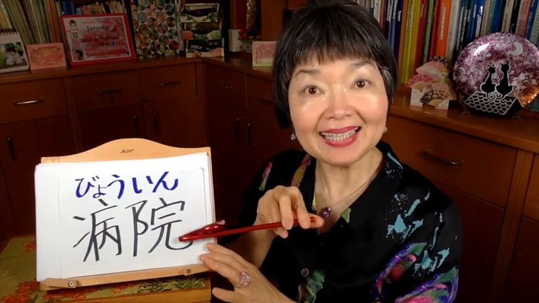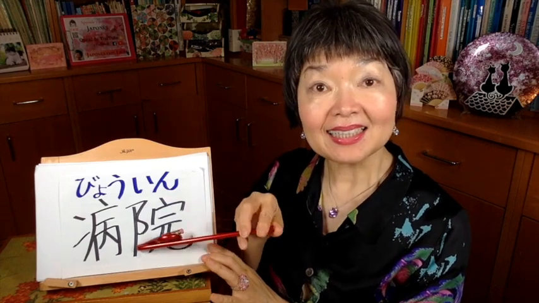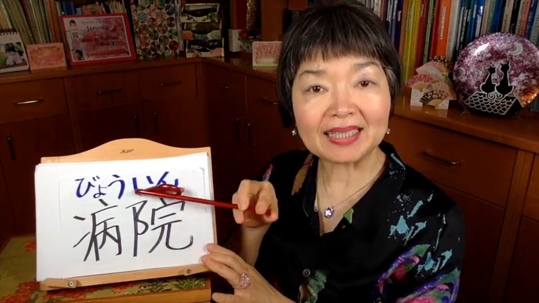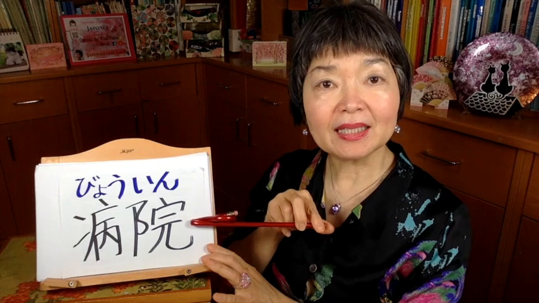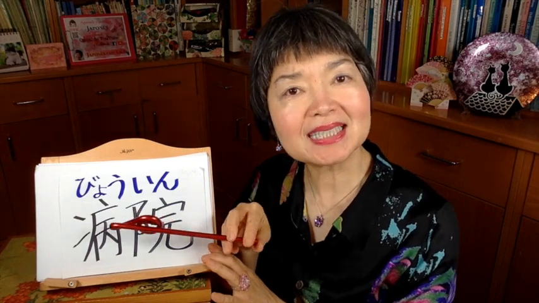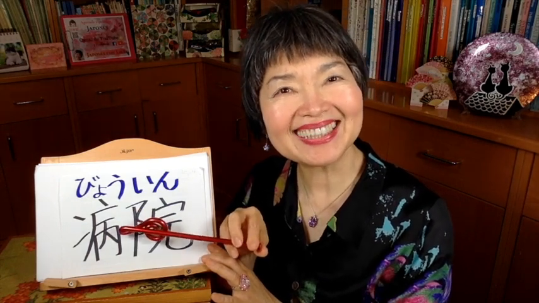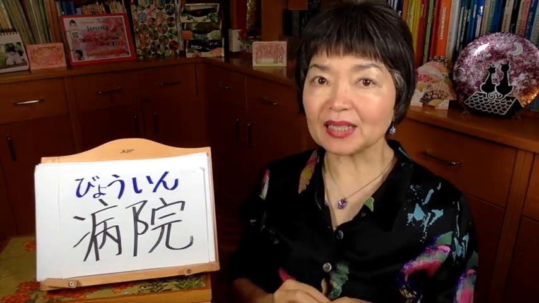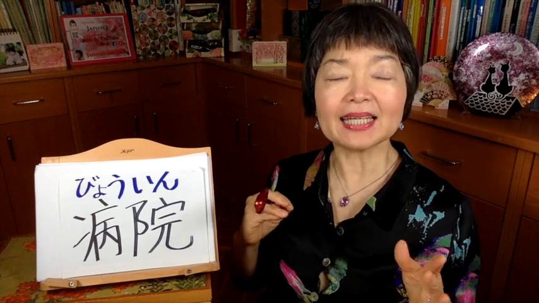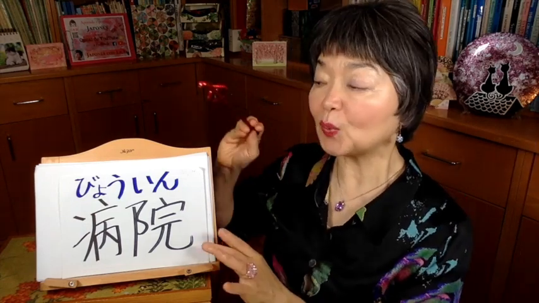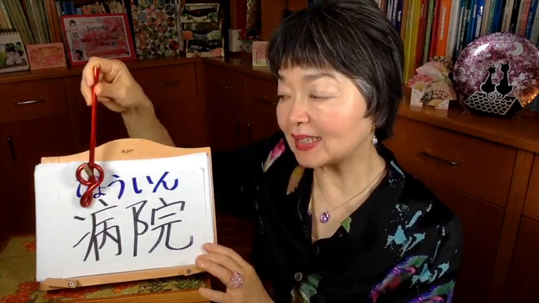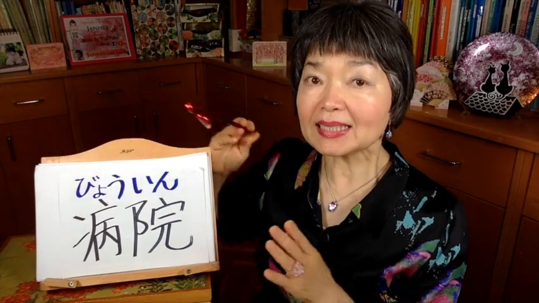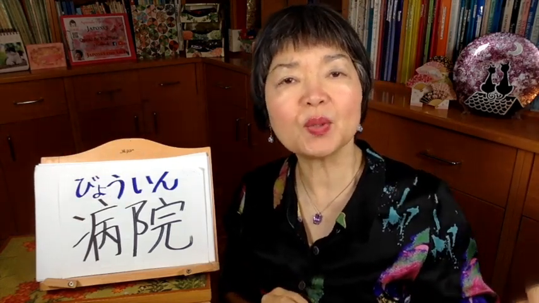And 病院, this means building. So a building to do with sickness, with illness. So 病院 is hospital. If you see any words with this kanji, 病, it is always something to do with sickness.